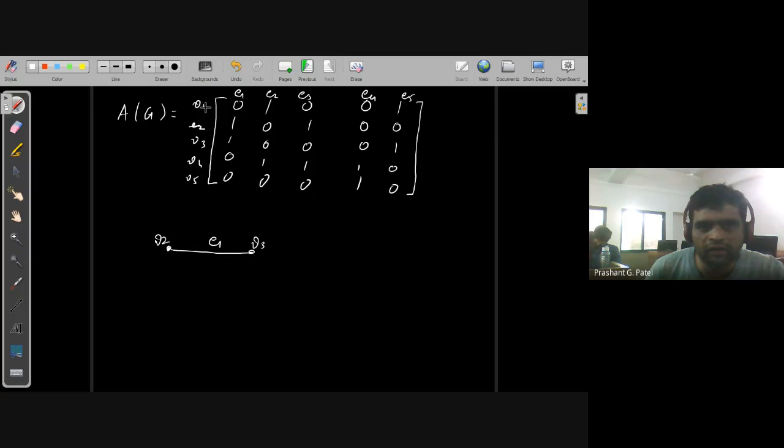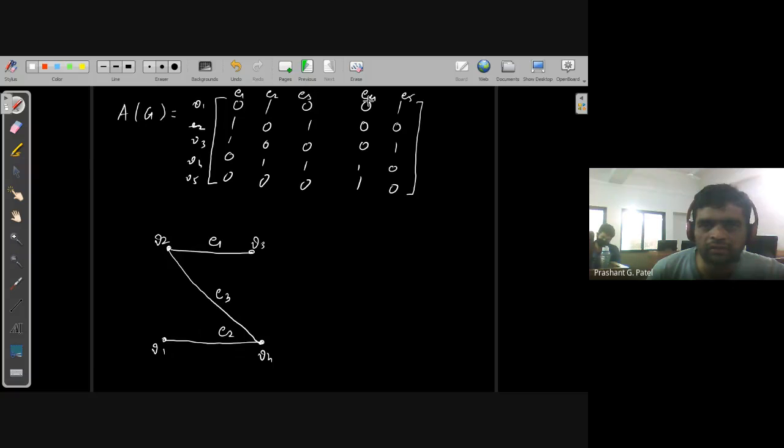E2 connects V1 and V4, so that is another edge, E2 connecting V1 and V4. E3 connects V2 and V4. V2 is here, V4 is here, so these two vertices are connected and that is E3.